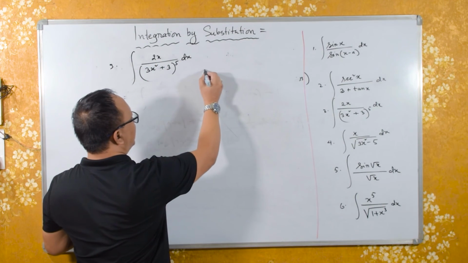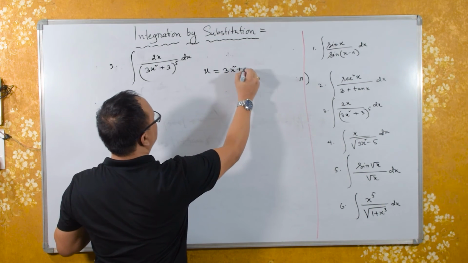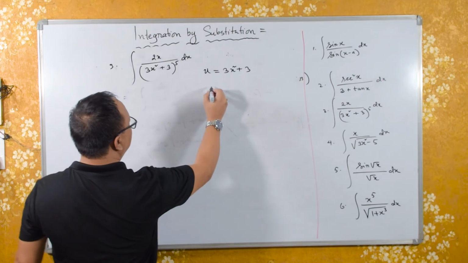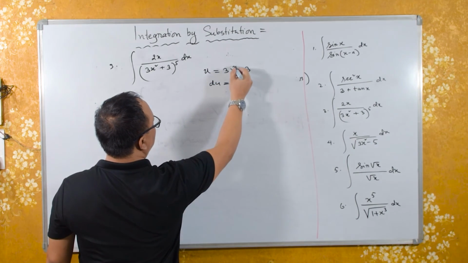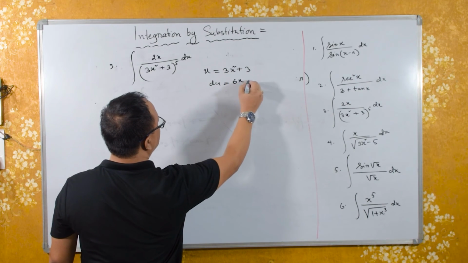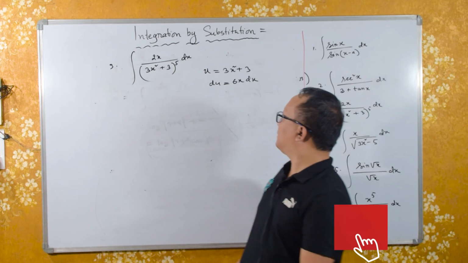Let's try. If I put u equals 3x square plus 3, then du upon dx, or you can say du, equals 6x into dx.